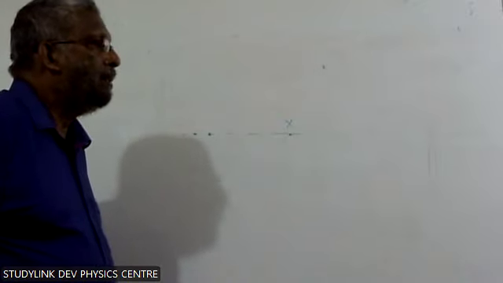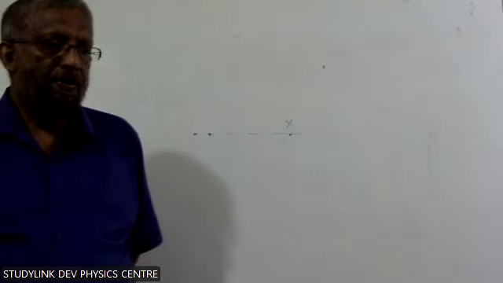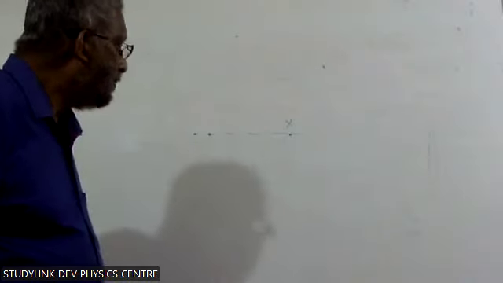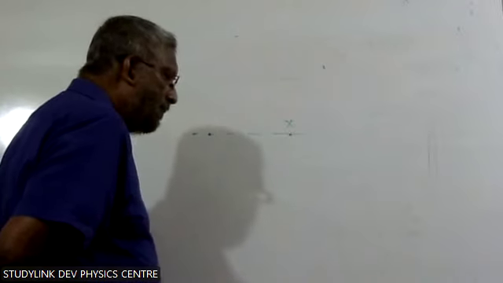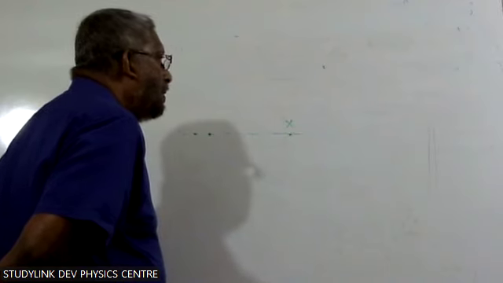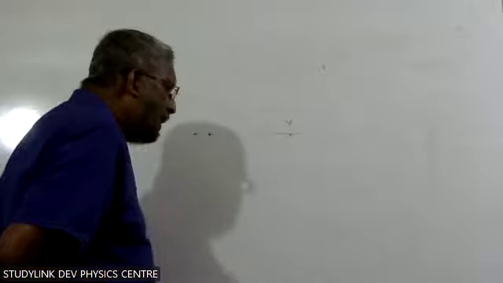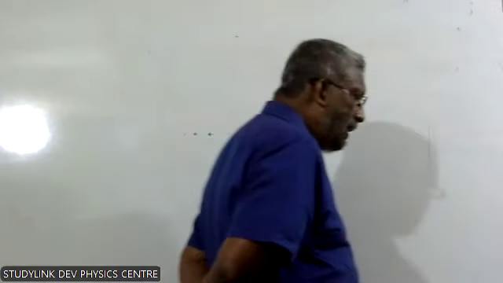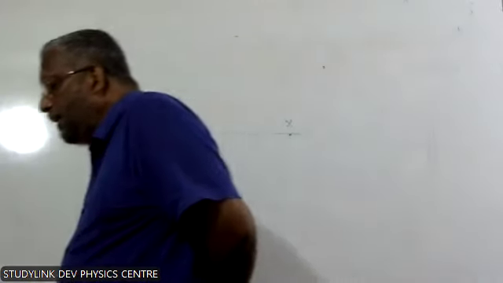If you consider particles which are passing through a particular point, and even a single particle does not have the same velocity, then it is called turbulent flow.